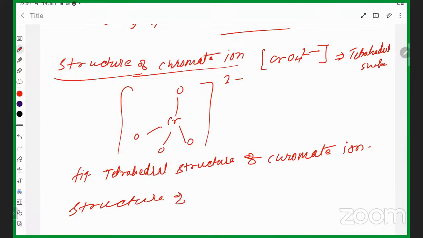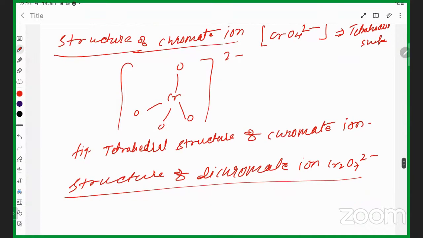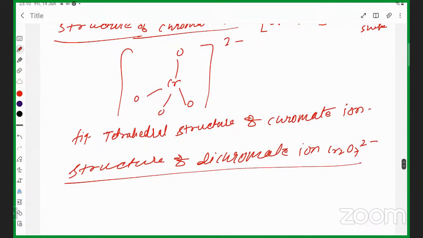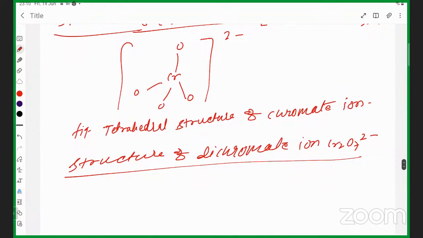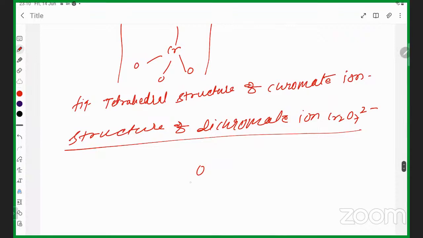Now, structure of dichromate ion, Cr2O7 2 minus. Dichromate means chromium should be 2. This is the common oxygen.